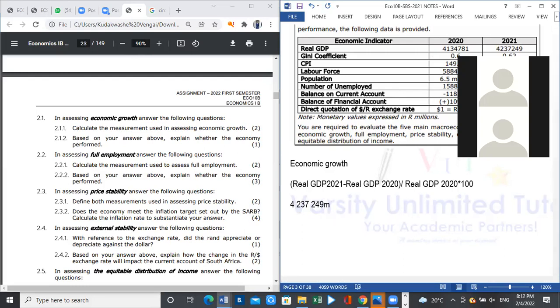So basically this highlights that it's actually in billions. So minus 4,134,781, and it's in millions. All right. So then we look for that difference. Then we divide that by the previous year's GDP.